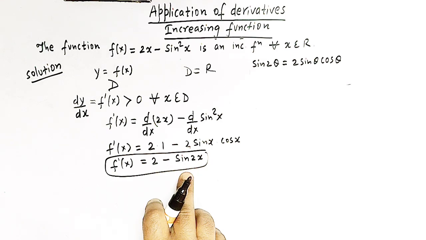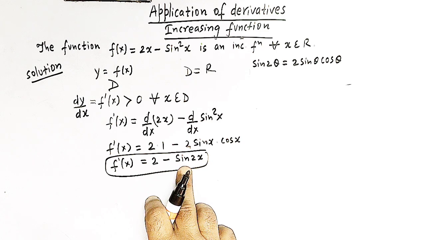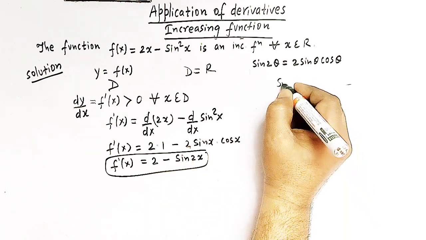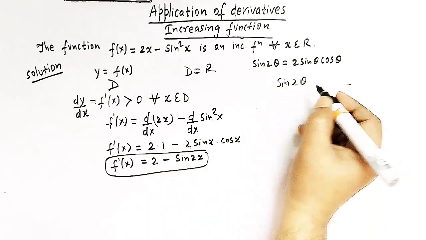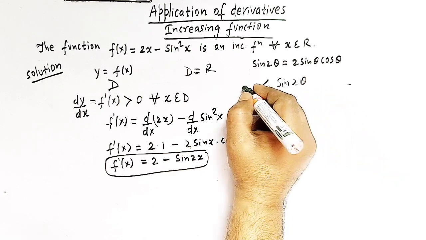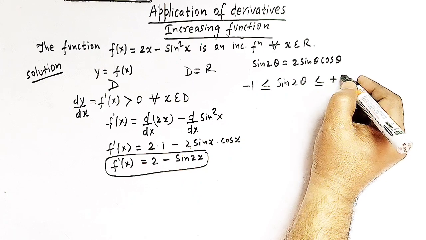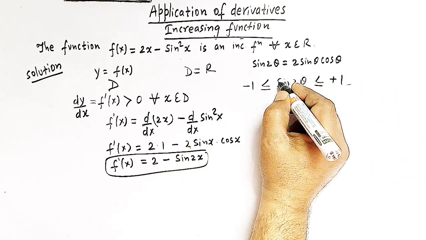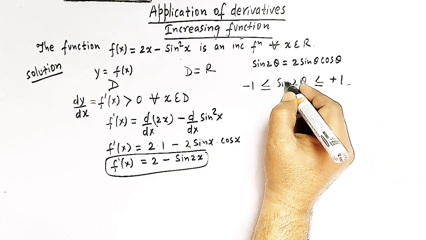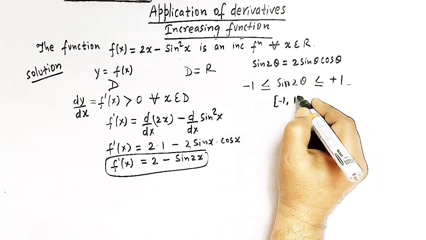So now let us make use of some concept from trigonometry. Now see, sine 2 theta is always going to be greater than or equal to -1 but less than or equal to +1, right? Because we know that the range of sine function is from -1 to 1.